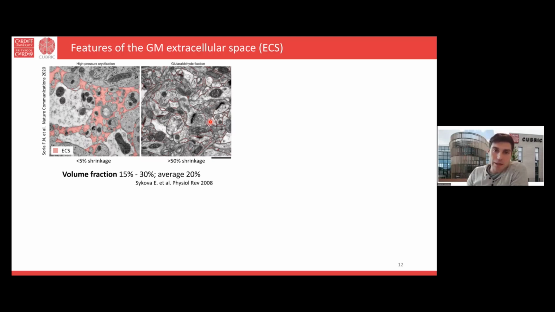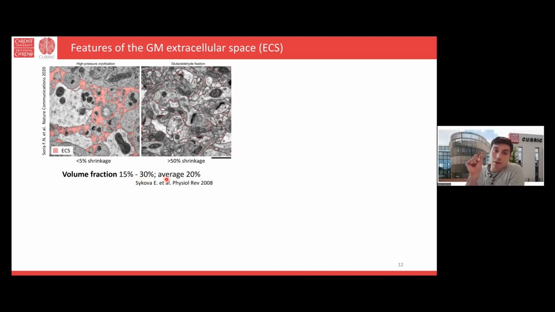However, these were old-style electron microscopy techniques that were shrinking the tissue. Nowadays, we have cryo-EM, for example, which preserves the extracellular space much better, and we realize that the actual extracellular space in the gray matter is non-negligible. It's between 15 and 30%, depending on the region and the animal species.